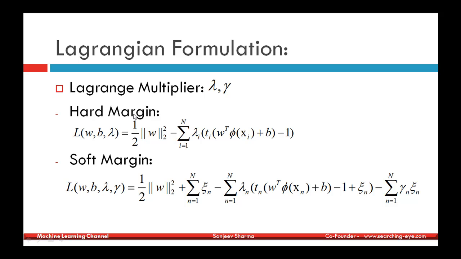For the hard margin, it's half of the norm of w squared minus the sum over i from 1 to n of lambda i times t i times (w transpose phi(x i) plus b minus 1).